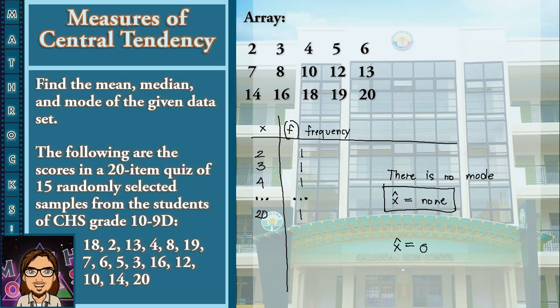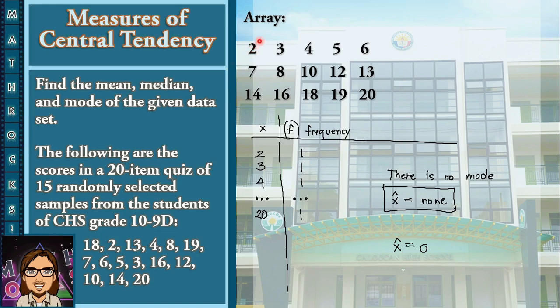Notice that these observations were derived from the idea that these are scores in a 20-item quiz. So one student could have a score of 0, and 0 would be one of these observations.